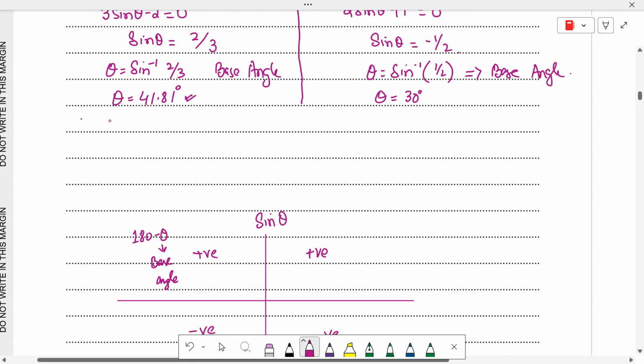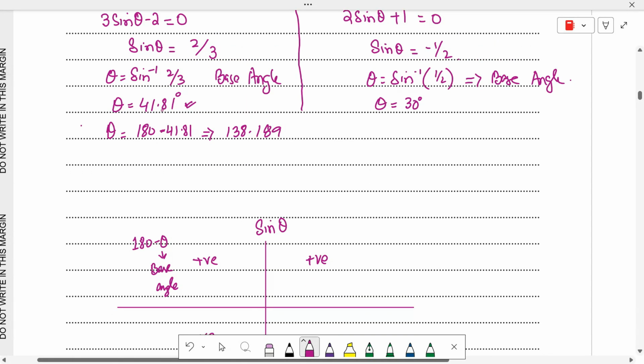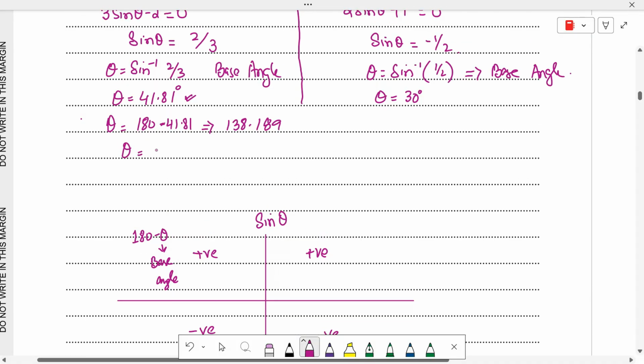So θ is equal to 180 minus 41.81, which is equal to 138.189. So for the positive value we have calculated the two angles: θ equal to 41.81 and 138.2.